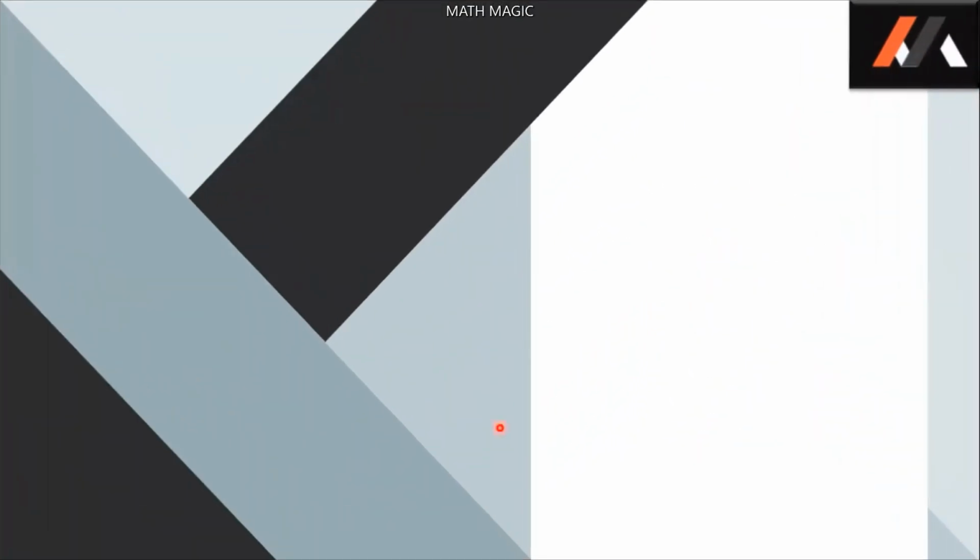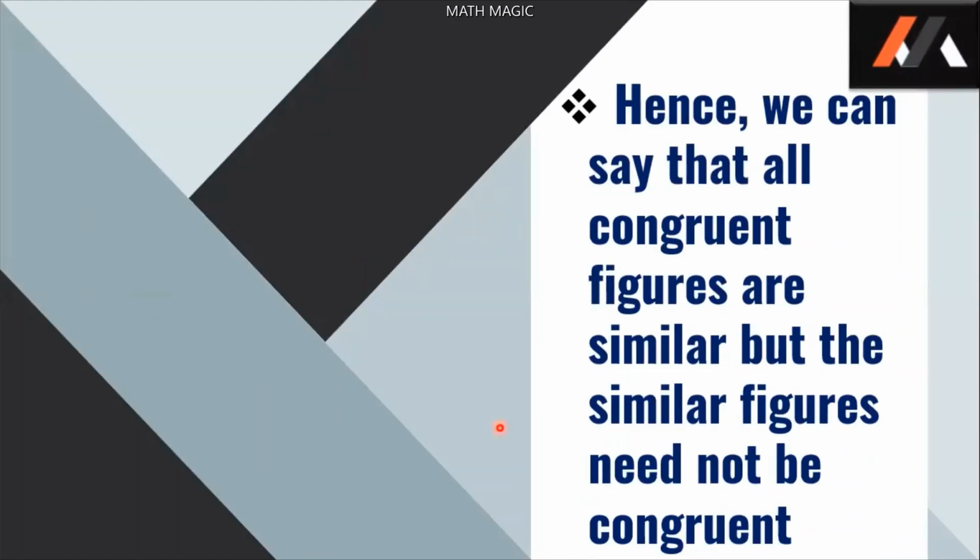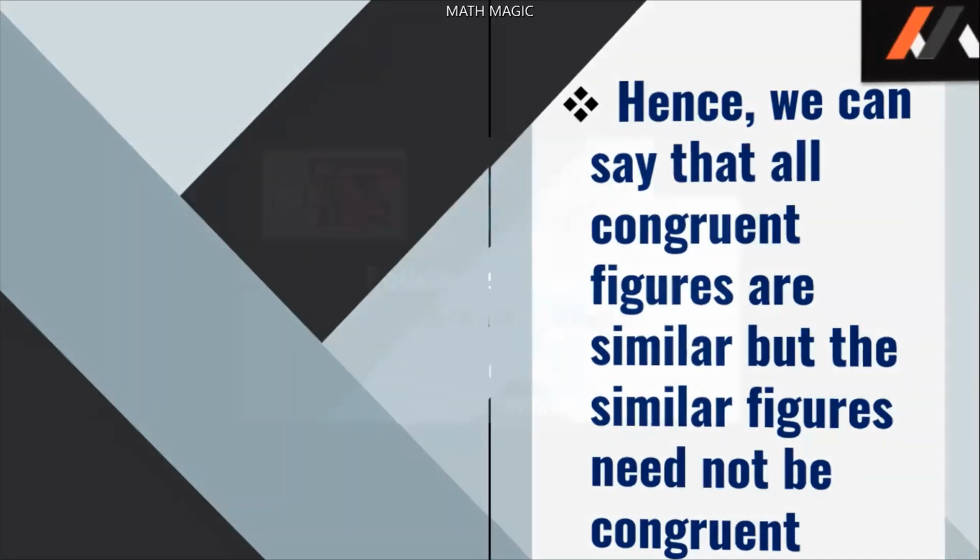So in conclusion, I can say that all the congruent figures are similar, but the similar figures need not be congruent. That means two triangles which are congruent can be called similar, but two circles which are similar cannot be congruent.